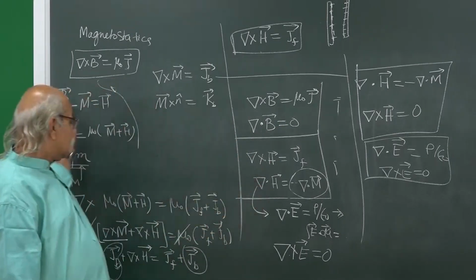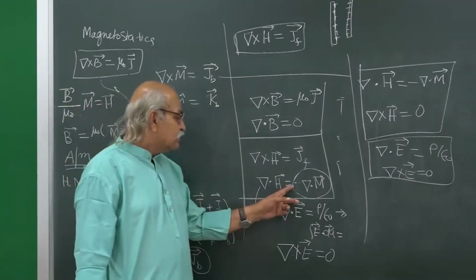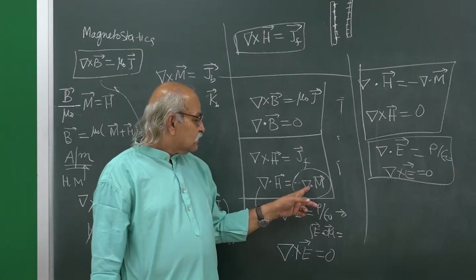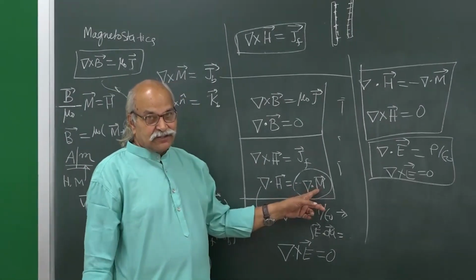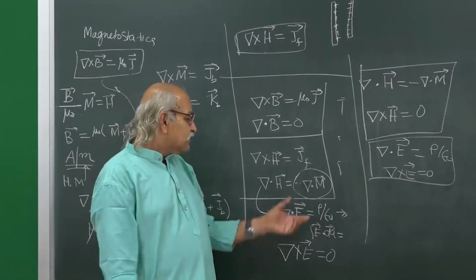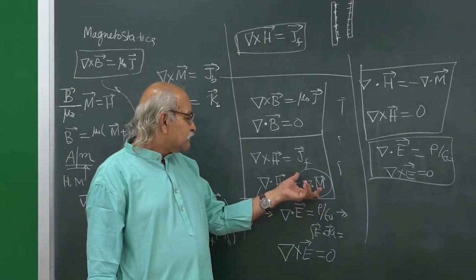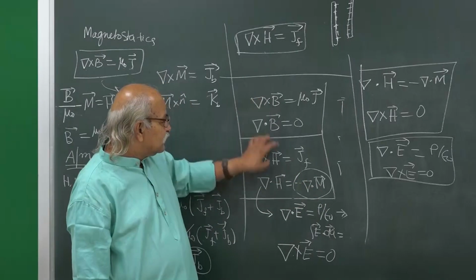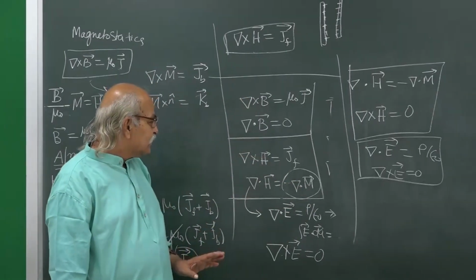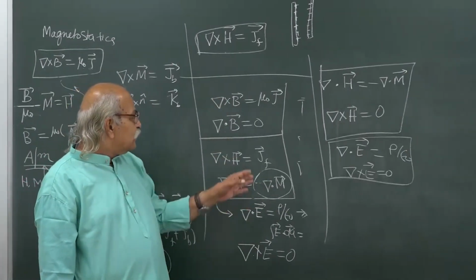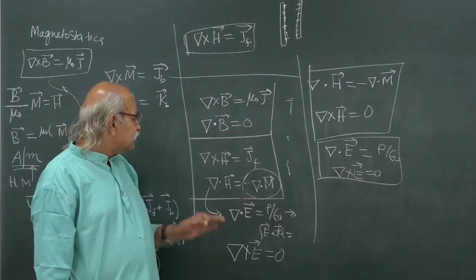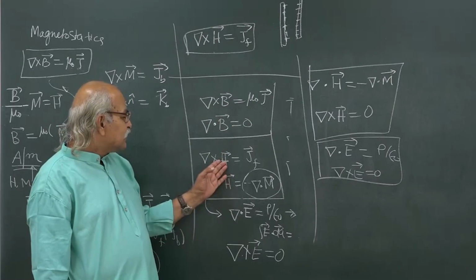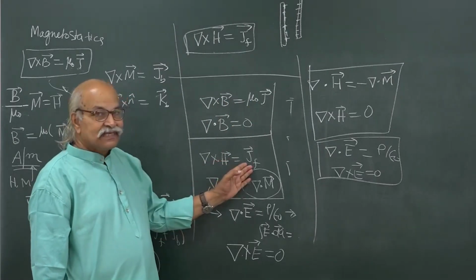From the definition, it is minus divergence of M, where M is the magnetization. So, if divergence of M is 0 everywhere, then yes, these two sets of equations are identical, and the same expressions you use to get B from J you can use for H resulting from J_F.